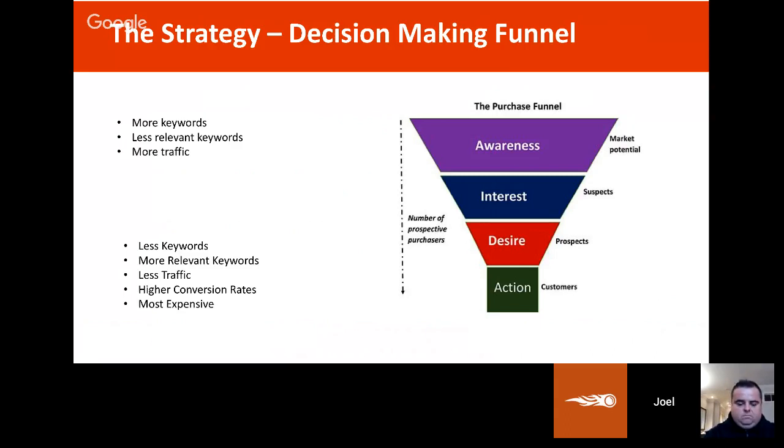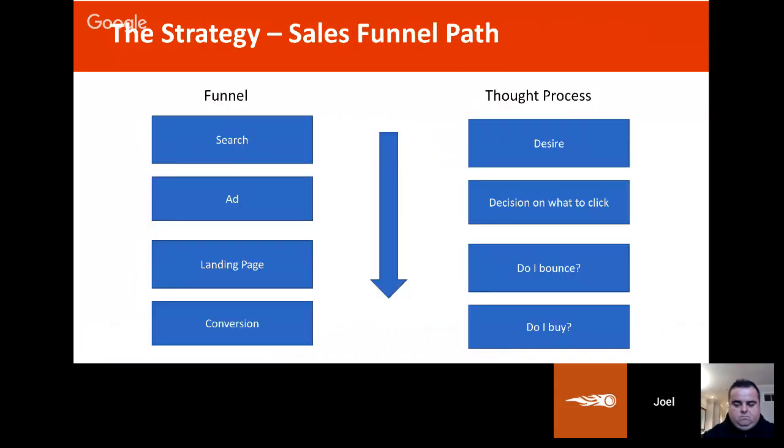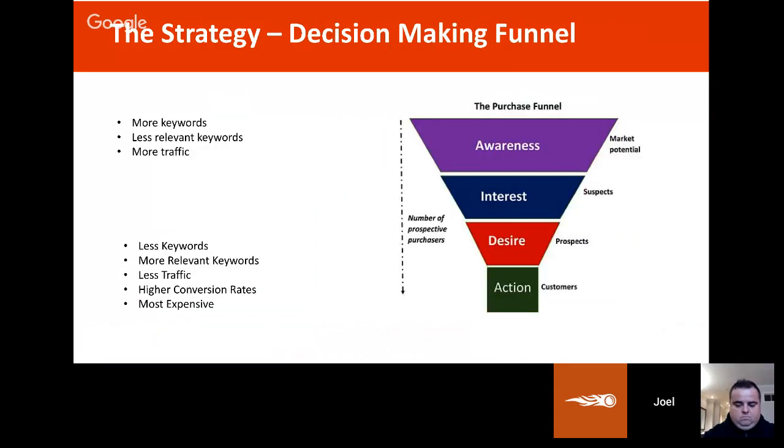What do I mean by that? Well, in this slide right here where you see the funnel, you could multiply those funnels by different stages of awareness, interest, desire, and action. I will give an example of a product that someone might be selling online, and that product could be beach chairs.